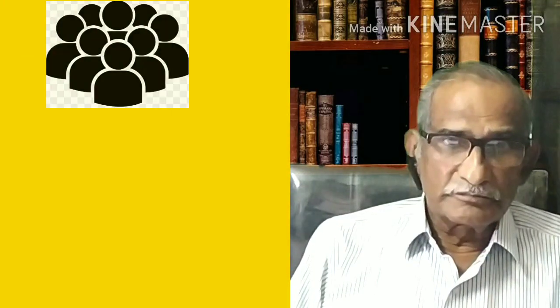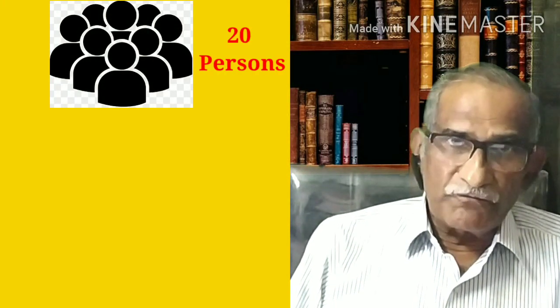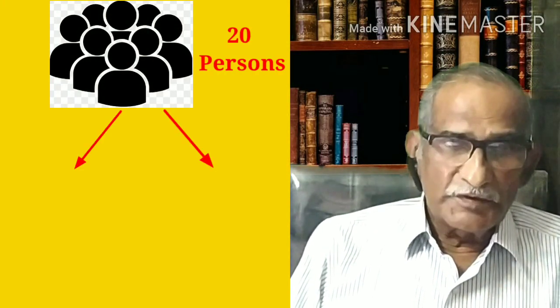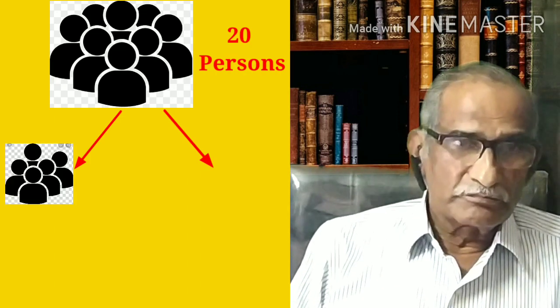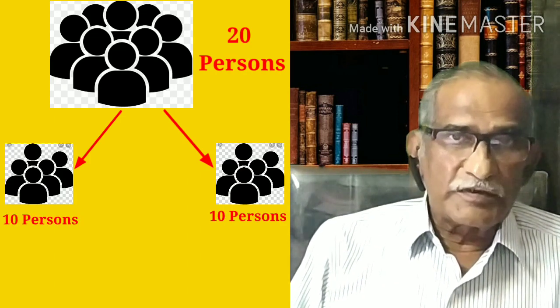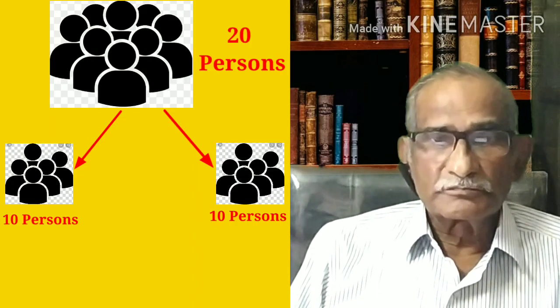It was suggested that a lot of 20 individuals be first divided into 2 groups, each of 10 individuals.